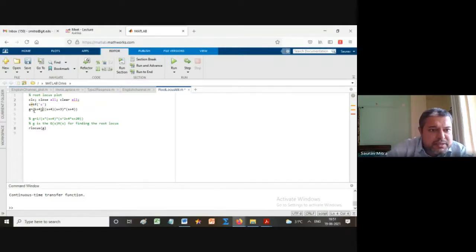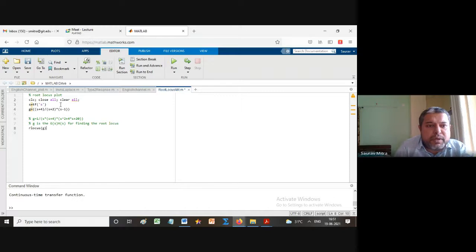Biggest thing to observe, there is no k in this. Okay, so k is not there. So double like this, and this was s plus 2 and s minus 1 like this.